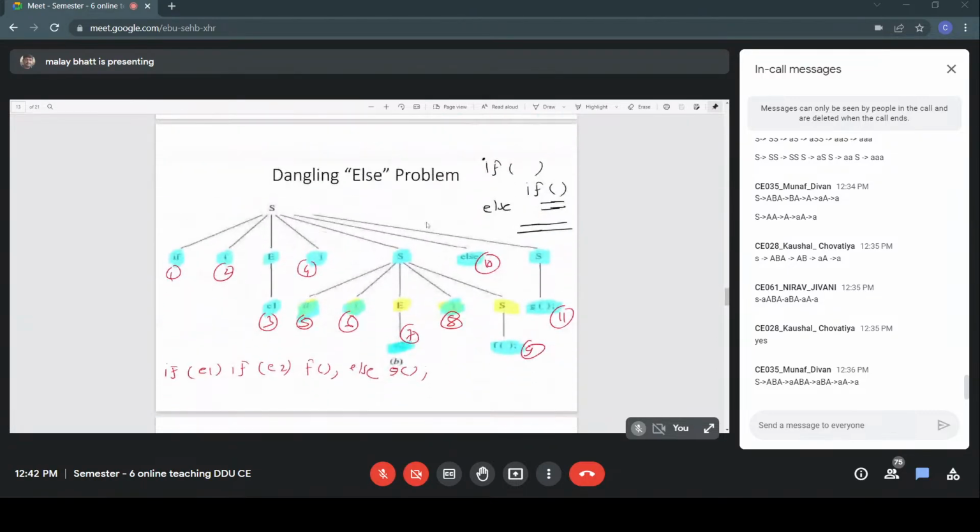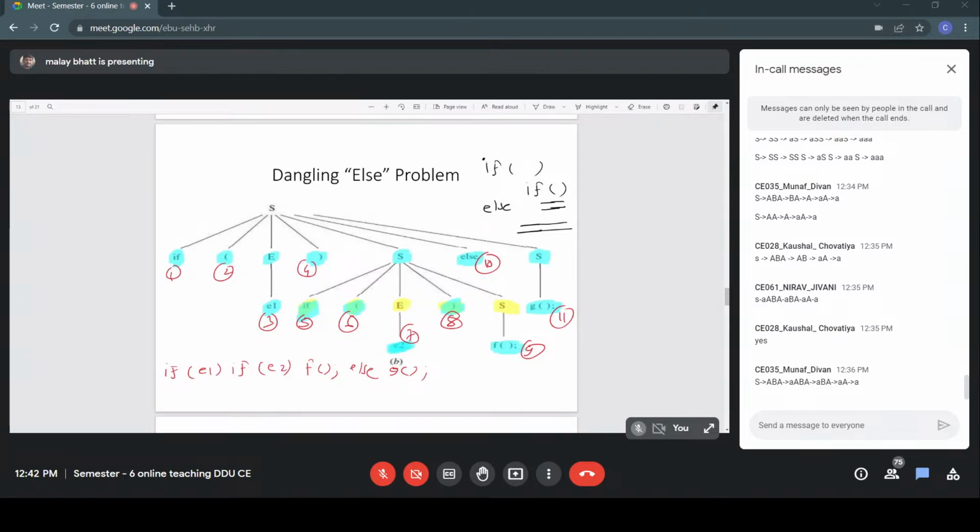So now if we draw the tree for this, because the outer one is the if-else construct, we'll use that: if (E) statement else statement. We are using that grammar, the if-else part. And then from that we have the inner if statement.